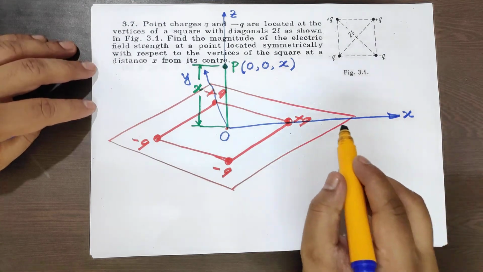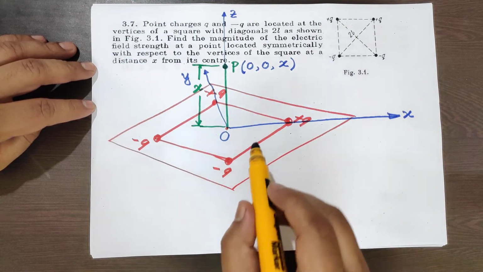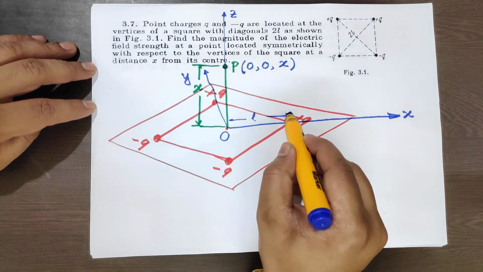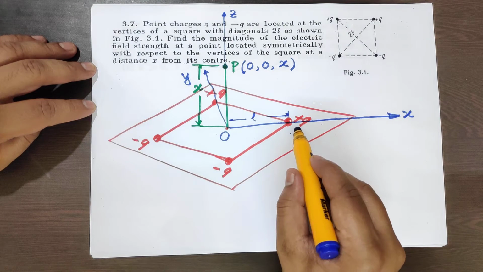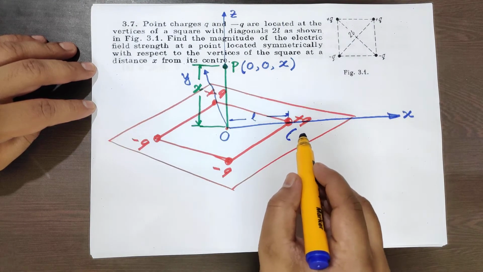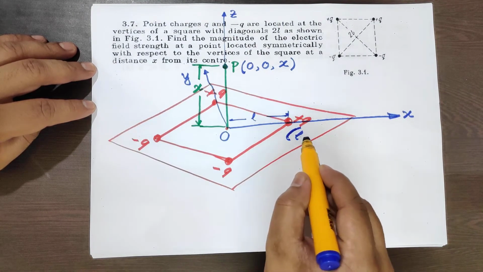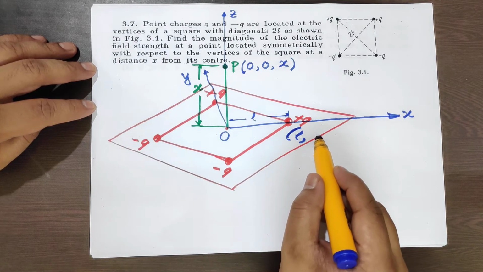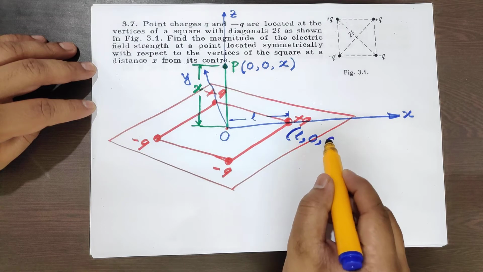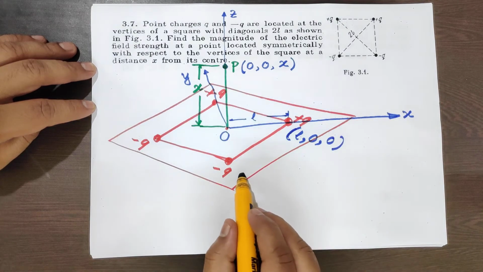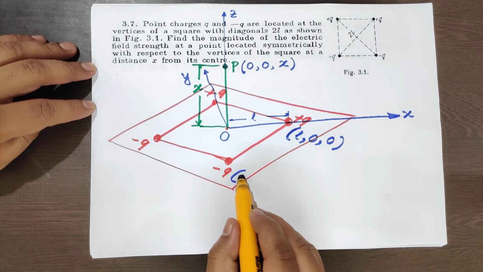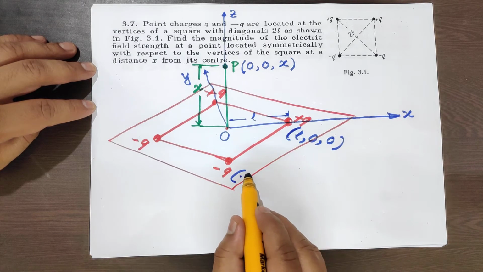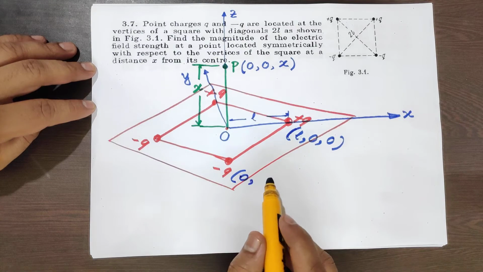And the coordinates of these charges, see this distance is L. So the coordinate of this charge is x coordinate L, y coordinate 0 and z coordinate 0, and this one is having x coordinate 0.